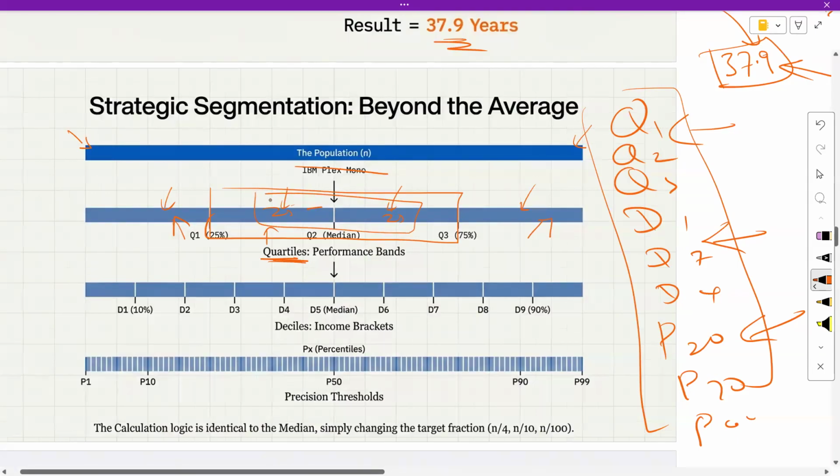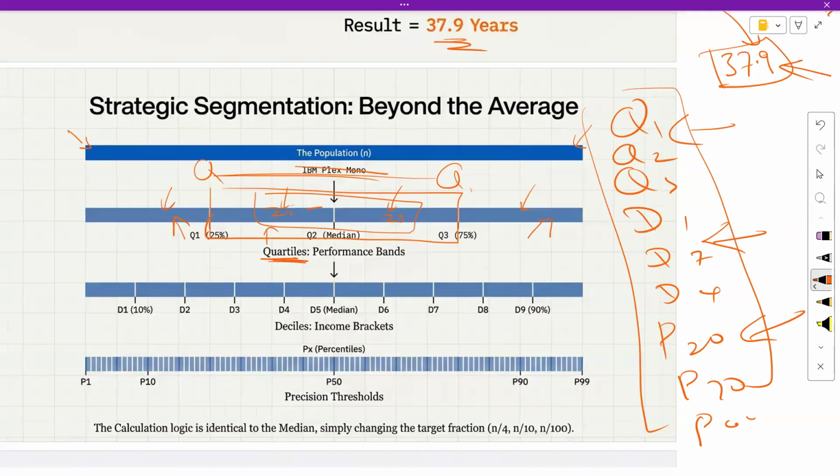When we calculate the interquartile range, this is Q1, this is Q3, and this range is the interquartile range. The interquartile deviation is Q3 minus Q1 divided by 2. We have discussed these things earlier.